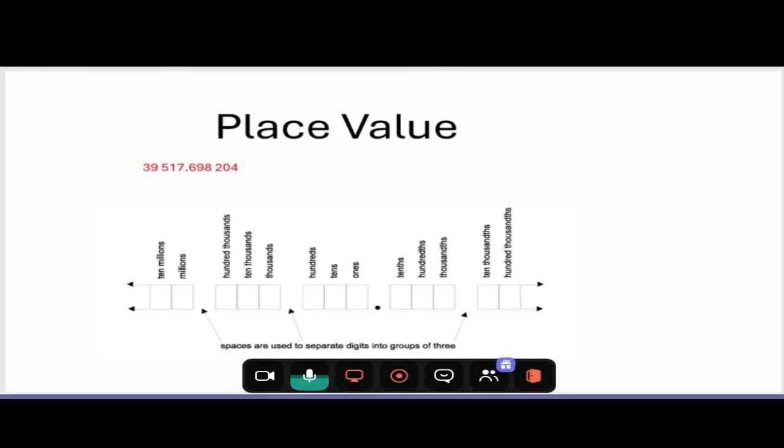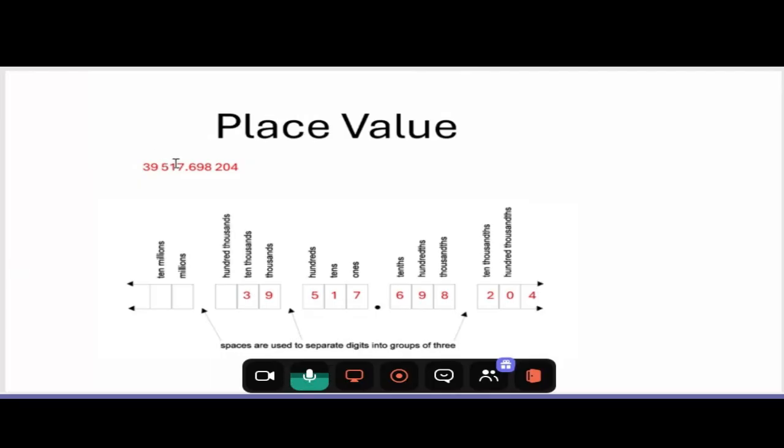So if we were to take a number like this, and we are asked to fill it in onto that place value chart, you simply find that decimal point right there, and then everything to the left of the decimal and everything to the right of the decimal simply slots in all the way left and right.